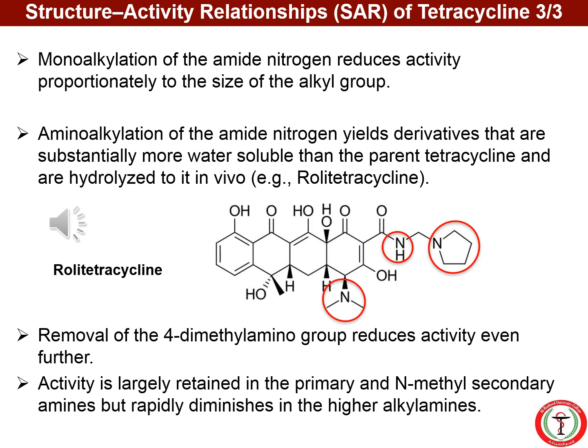First, if the hydrogen of the NH2 in the amide group is substituted by a large aminoalkyl, and second, if the 4-dimethylamino group is removed. However, the activity can be retained if only a small aminoalkyl group replaces the hydrogen in the amide group, as shown in the rolitetracycline antibiotic that results, which is more water soluble than tetracycline.